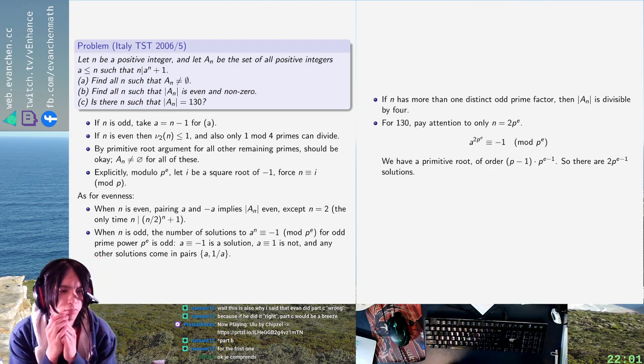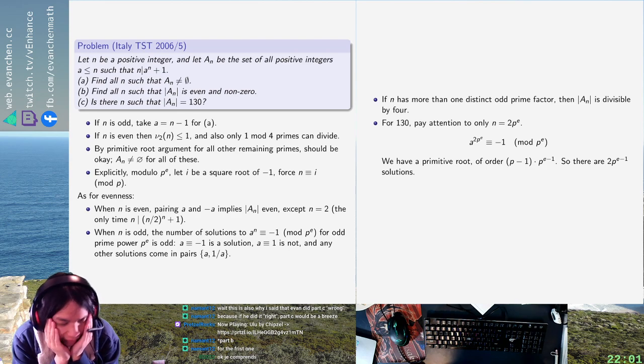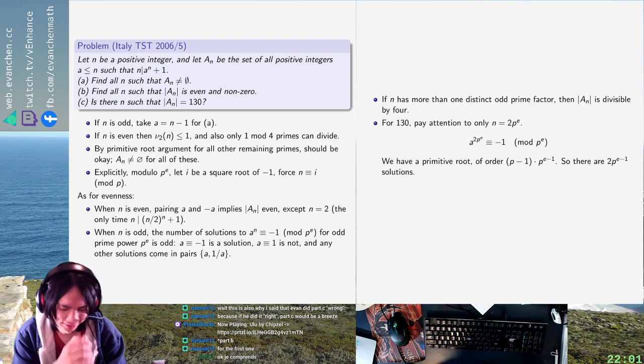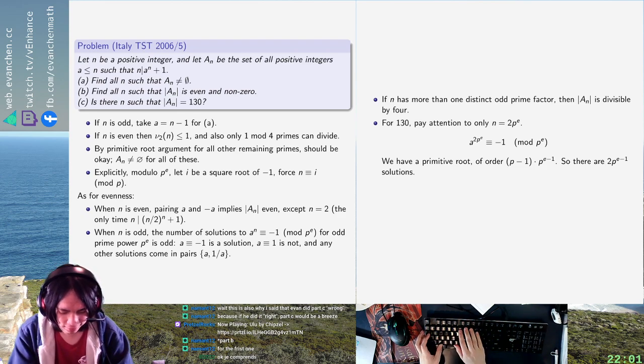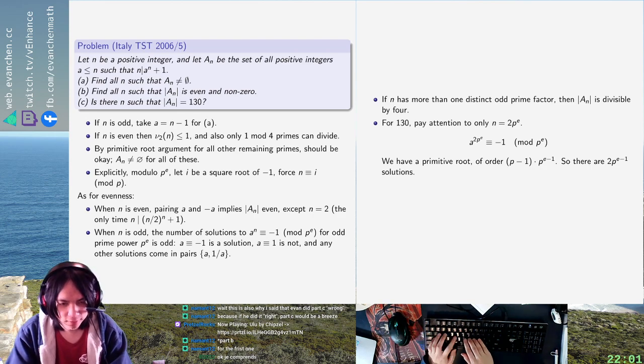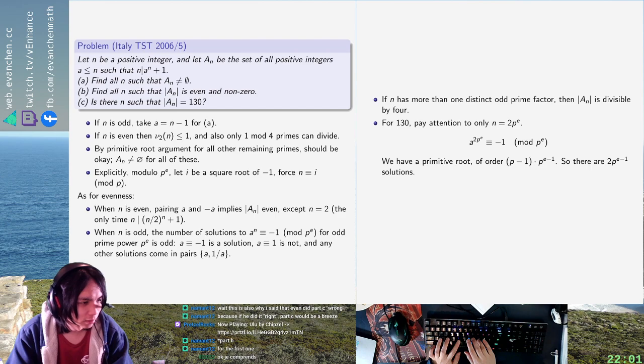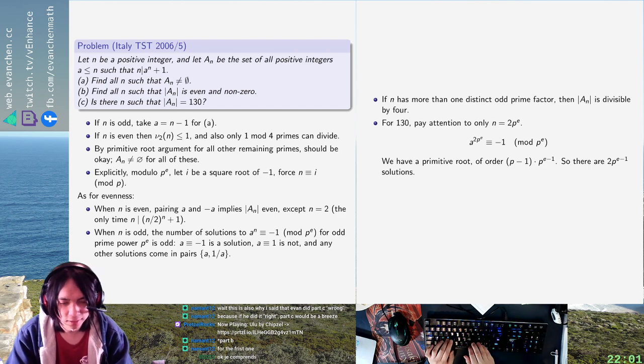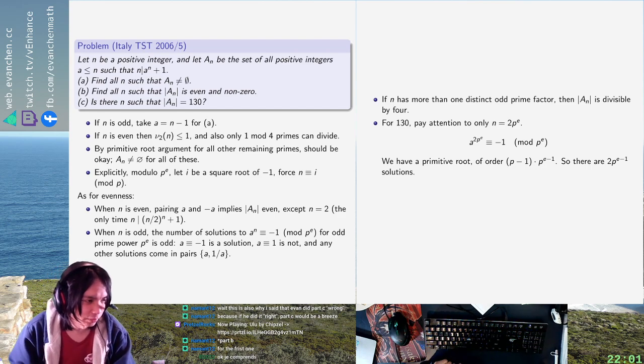Okay, that's fine. So is C just no? I don't see how you're possibly going to get 2 times 5 times 13 out of like one prime.